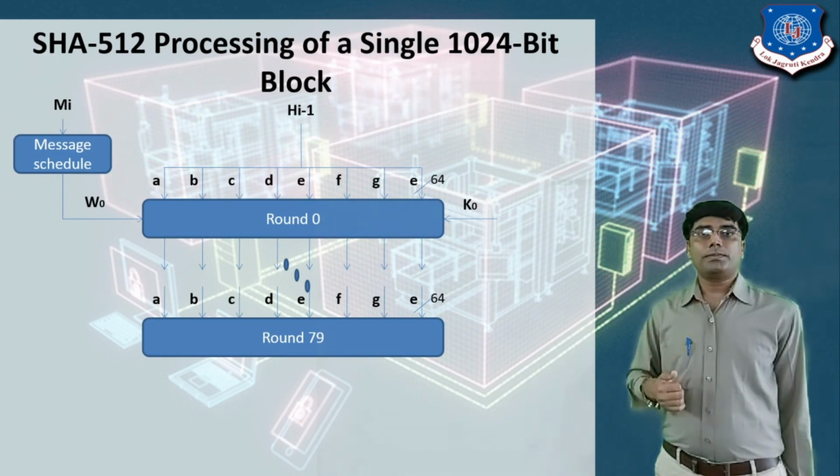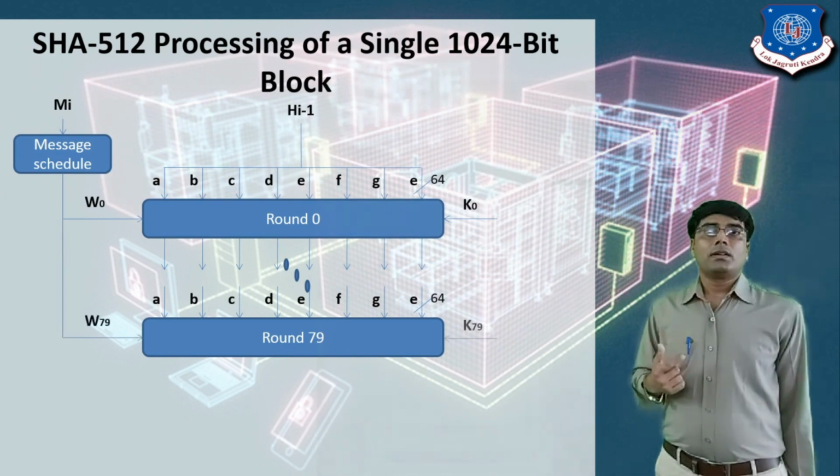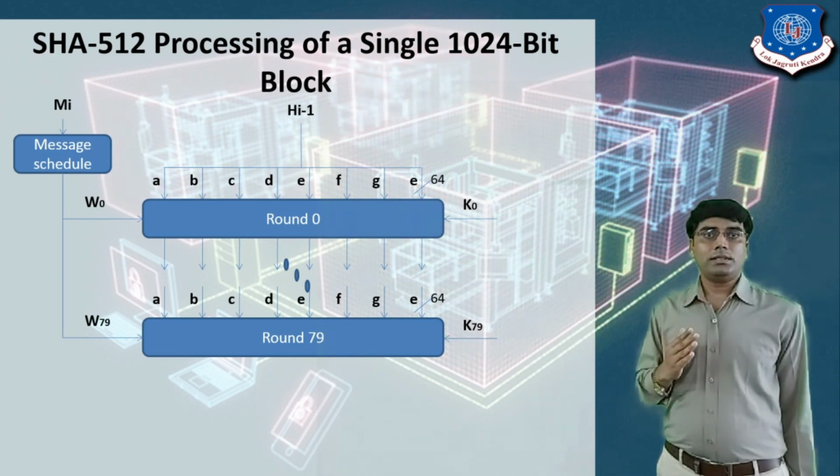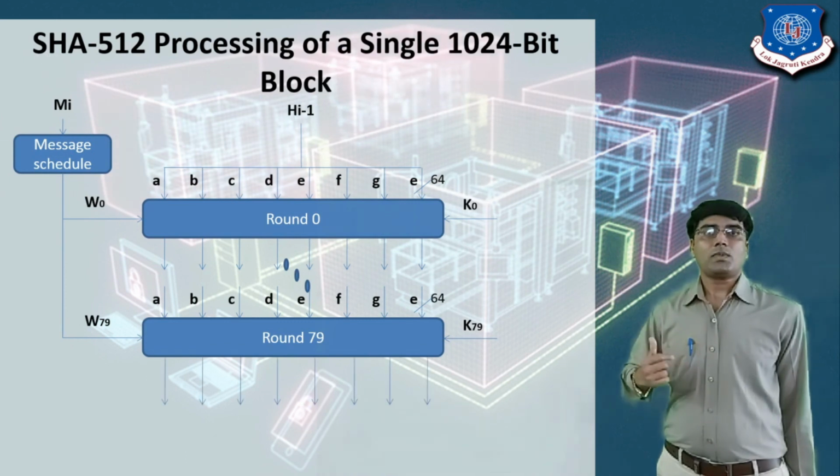And after completion of round 79, we will input the word W79 and the key constant K79.